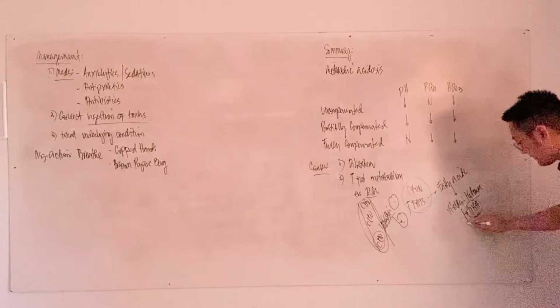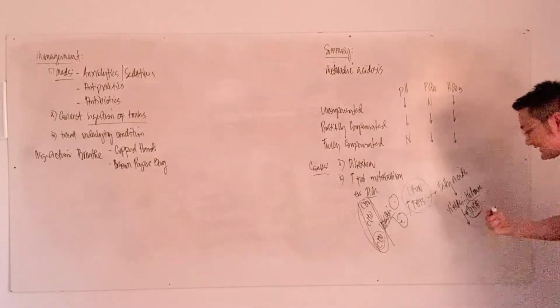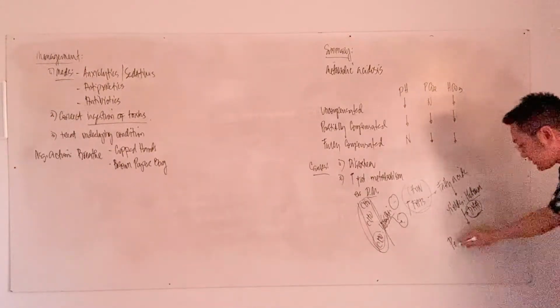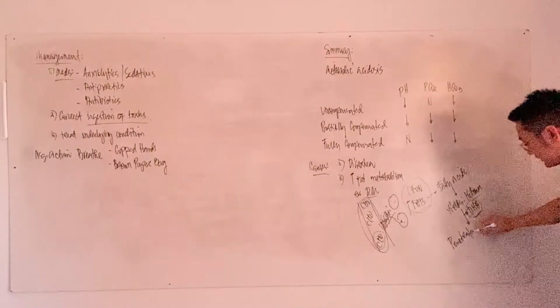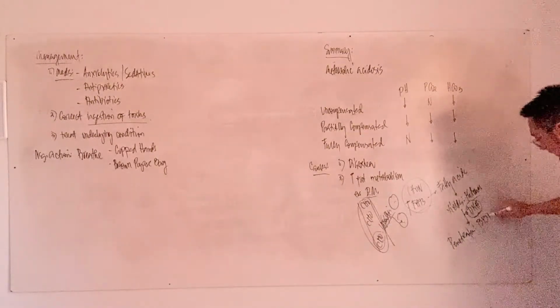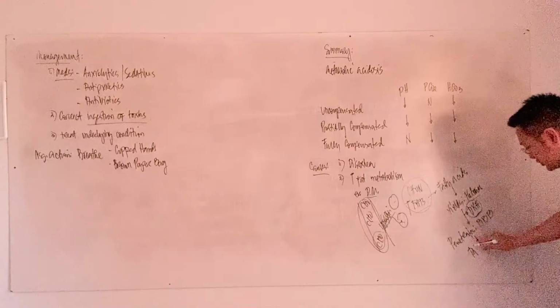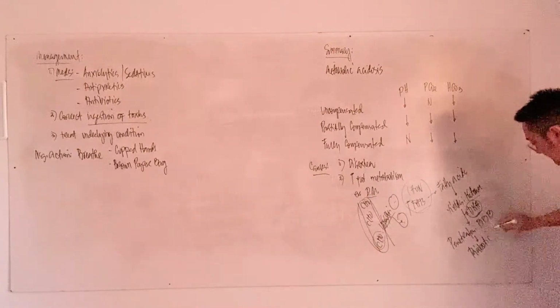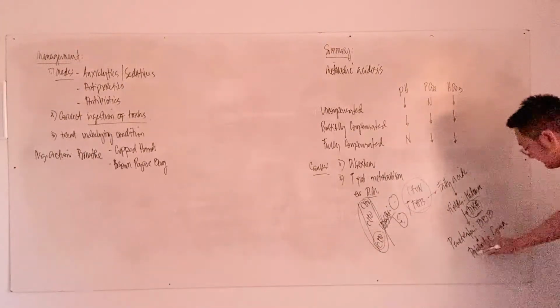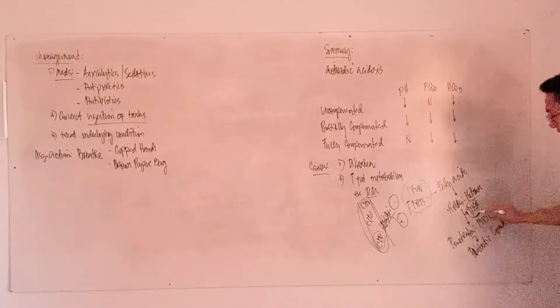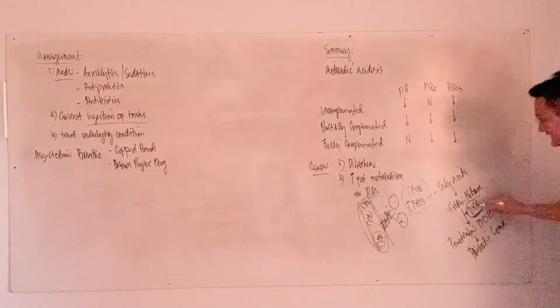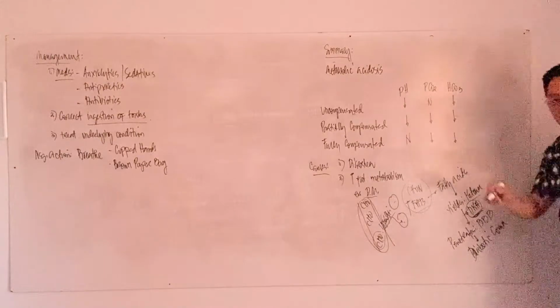What will happen now if you have too much ketones? Too much ketones in the body, okay? Too much ketones now penetrate your blood-brain barrier, resulting in diabetic coma. Okay? Anyway, diabetic ketoacidosis is an example of metabolic acidosis.